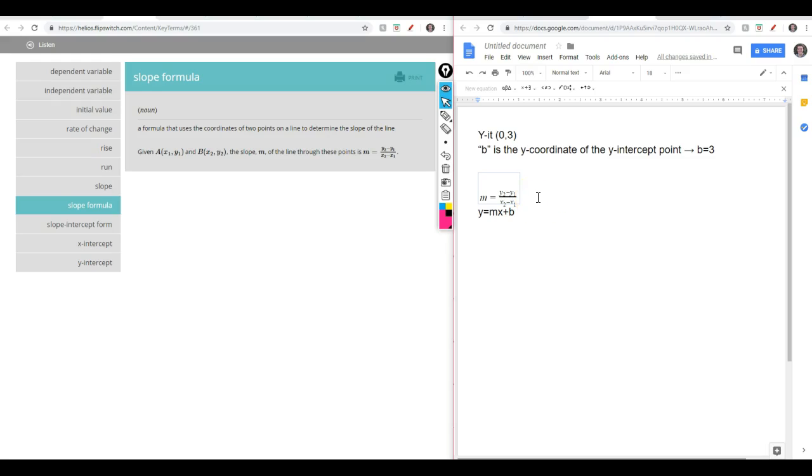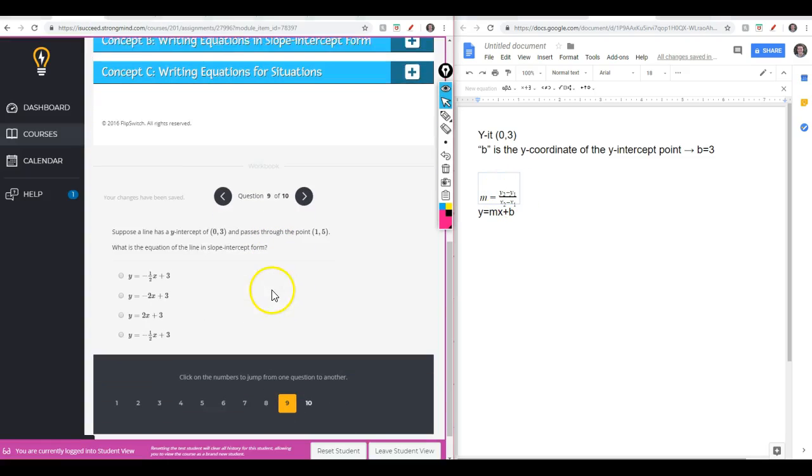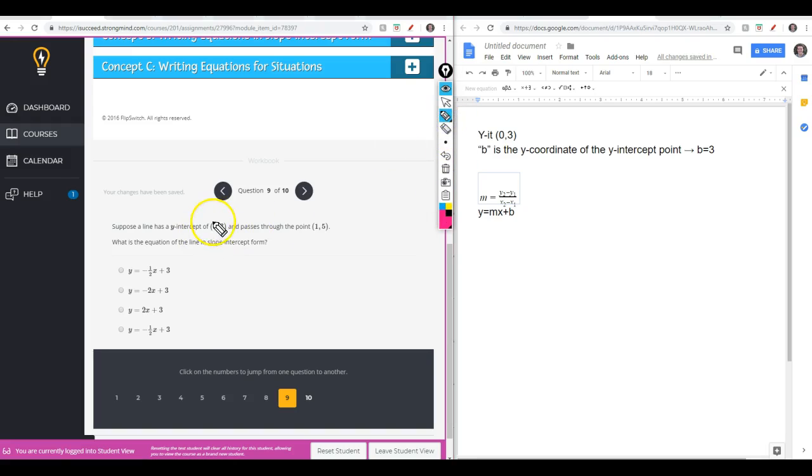So if we take that and we use substitution, looking back at our points, we can label any of these as our first point and our second point. So I'm just going to label this as our first point. So our first x coordinate and our first y coordinate, our second x coordinate and our second y coordinate, right there and there.